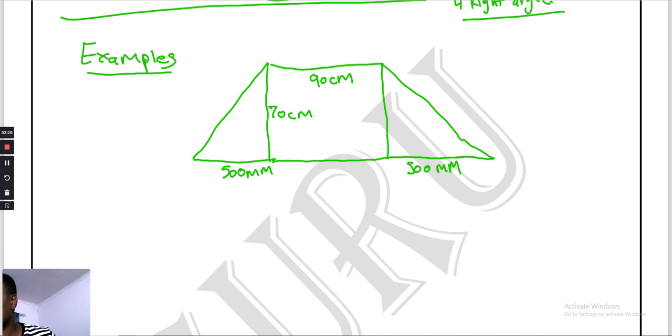Then the question says calculate the area of this.